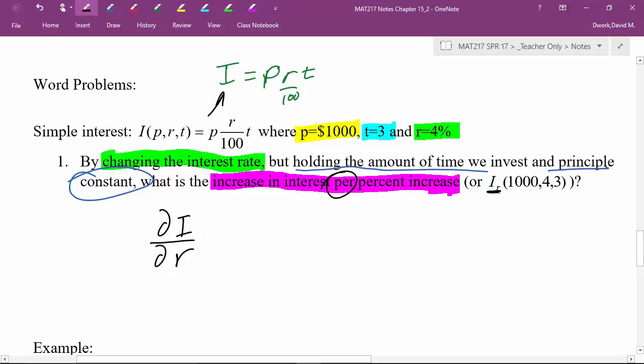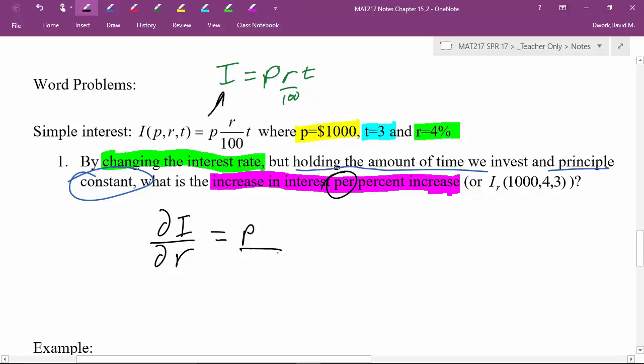Let's do that derivative. Now, it can be a little hard sometimes because there's a lot going on in this equation. So sometimes it helps to rewrite it so your variable's on the right and all your constants are on the left. This is just multiplication and division, so I can rearrange it any way I want. So I'm going to take all of my constants and put them on the left. P is a constant.